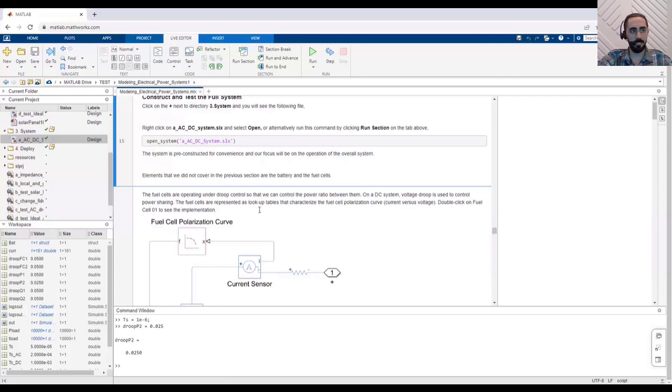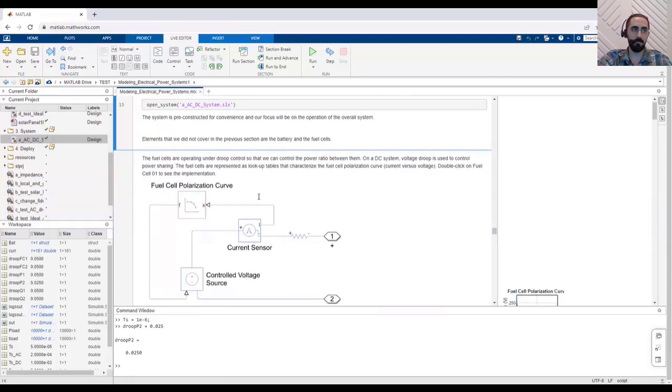What you see in here, the fuel cells, we have two of those fuel cells in our system, and we model them with this lookup table. So we have a polarization curve on the right side in here, current versus voltage.